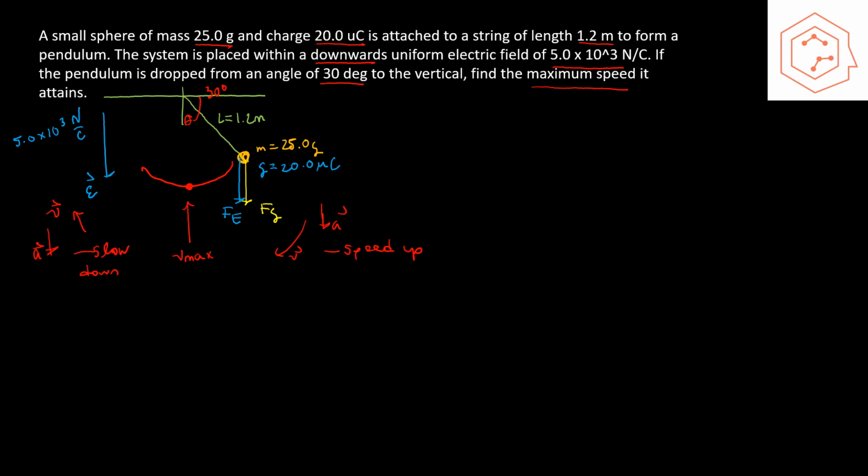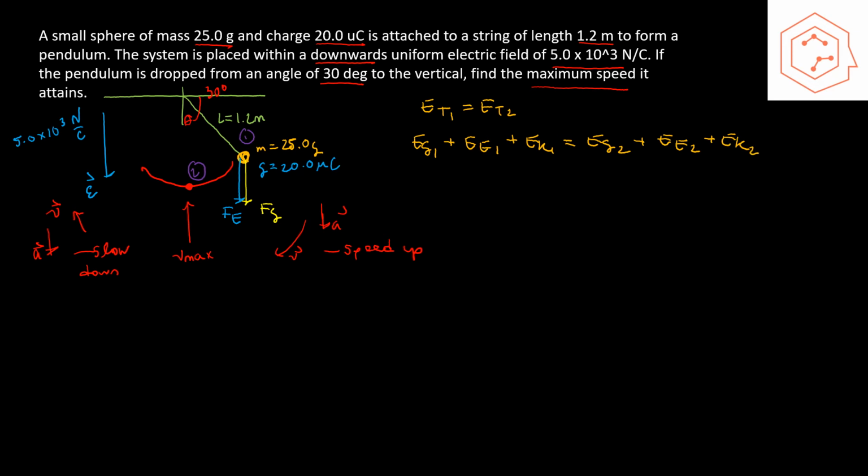To actually solve for the value of this maximum velocity, we can consider the conservation of energy. So ET1 is equal to ET2, where our first state is going to be right before we drop the pendulum, and our second state is where we want to find the maximum velocity. That's the same thing as saying the initial gravitational potential energy plus the initial electrical potential energy plus the initial kinetic energy is equal to EG2 plus EE2 plus EK2.